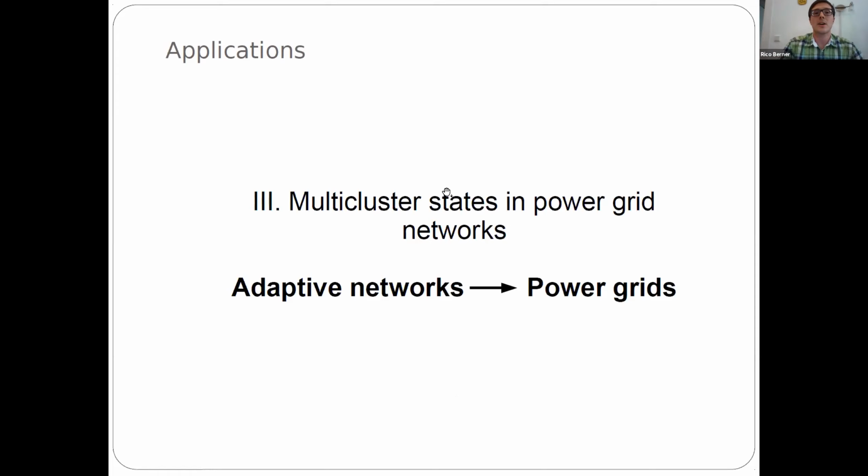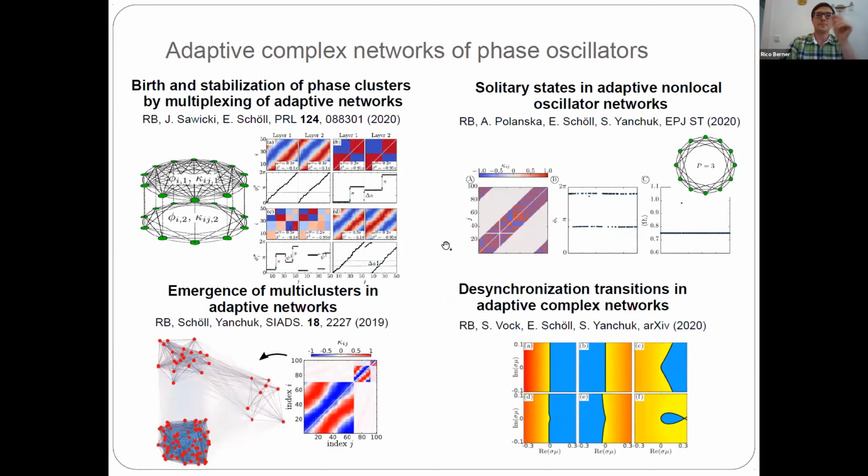And the first thing is concerned with the multi-cluster states. Just to let you know, we have done a lot of things on adaptive networks, which we now also want to use to analyze power grid networks. It is concerned, for instance, with the multiplexing of adaptive networks, where we can show how we can stabilize and destabilize certain phase clusters. We've shown how the emergence of multi-cluster states in adaptive networks can be understood.